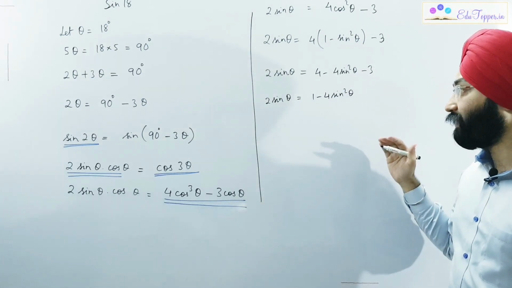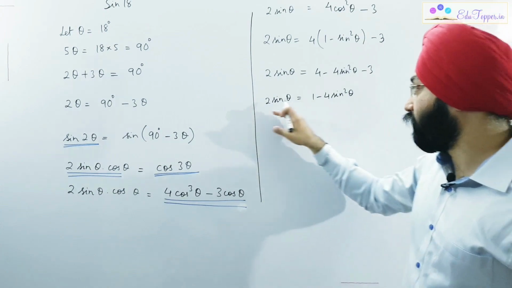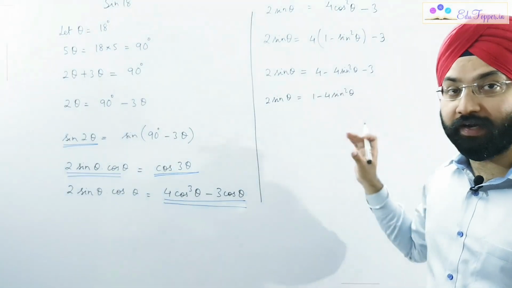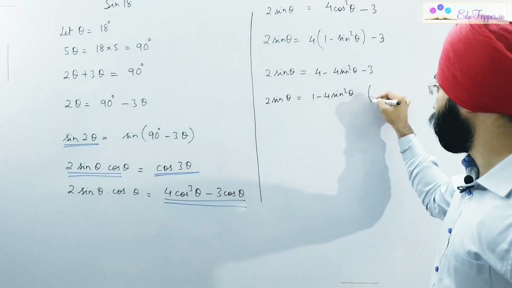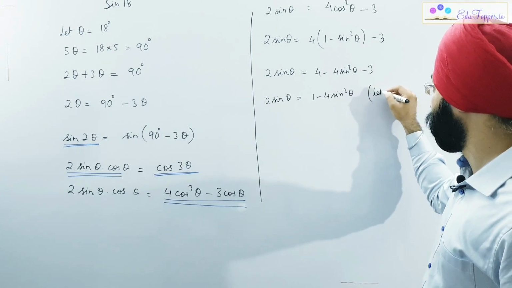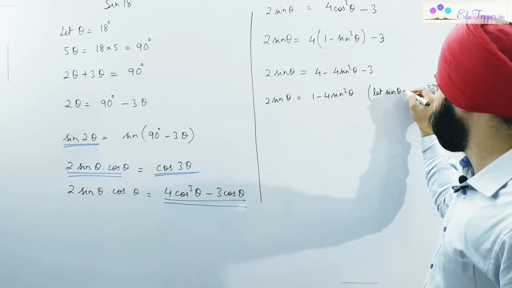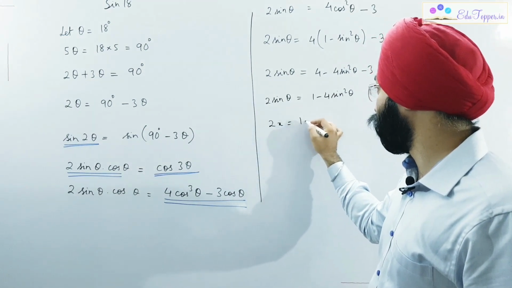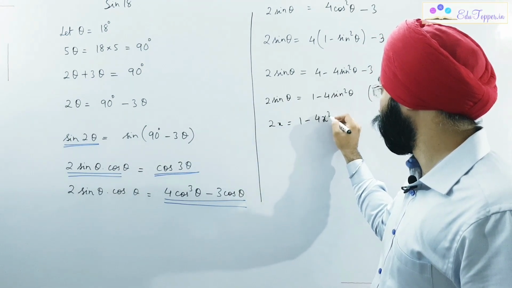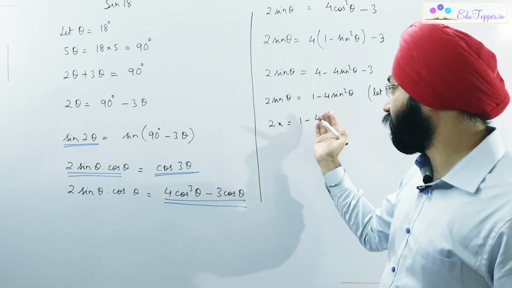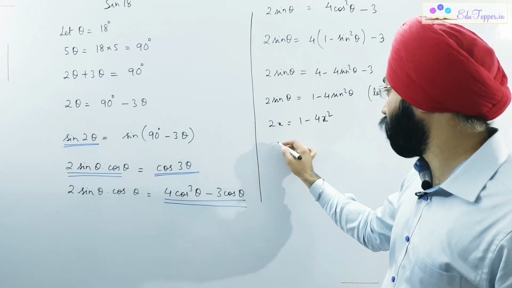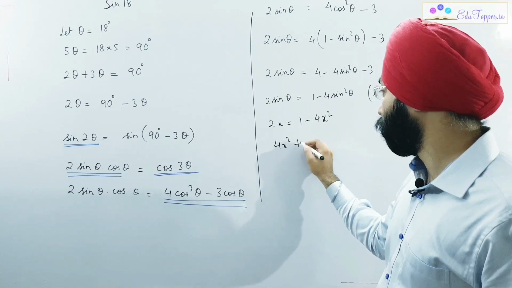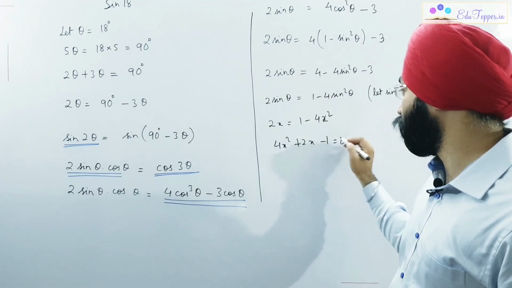Now we'll change this entire equation into a standard quadratic equation. Let's assume that sine theta is equal to x. So from here we'll have 2x is equal to 1 minus 4x square, and we'll move the entire thing to the left hand side, and we'll have 4x square plus 2x minus 1 is equal to 0.